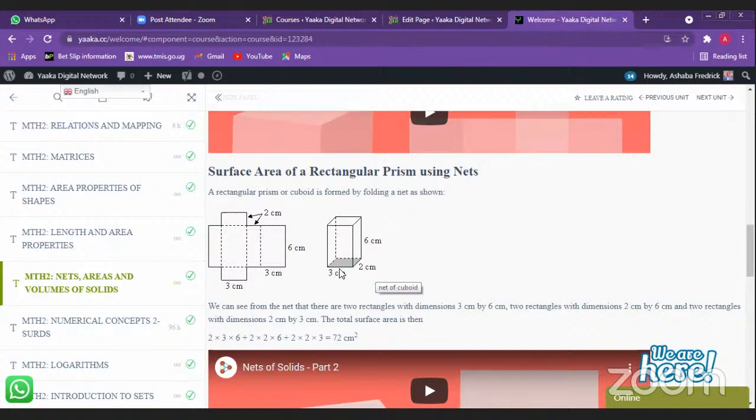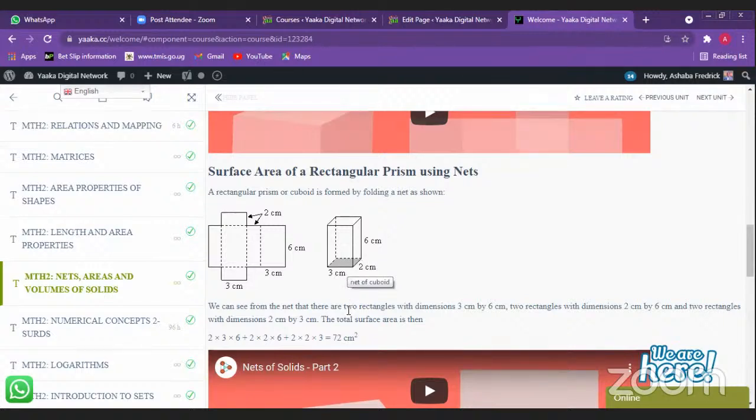This face is similar to the other side. The top one has a similar face on the bottom. So we can get the area of the bottom and multiply it by 2.